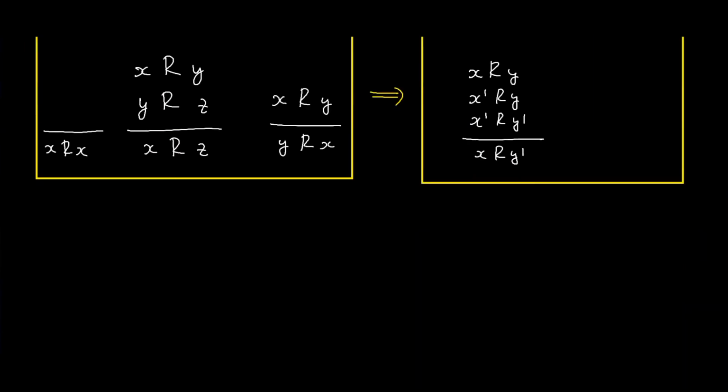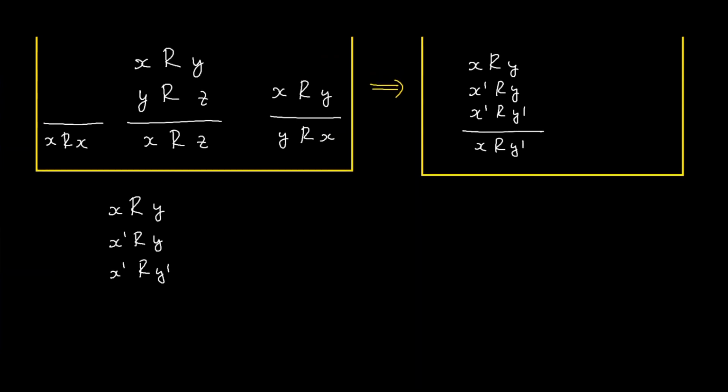So let's maybe begin with the three lines: x r y, x prime r y, x prime r y prime, and let's see how we can proceed by employing transitivity and symmetry. What can we conclude from here using, well, reflexivity as well, right?